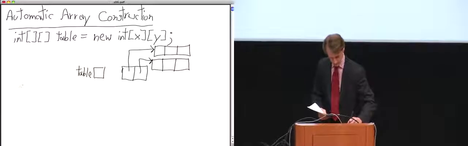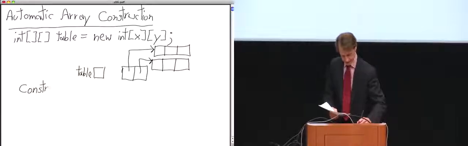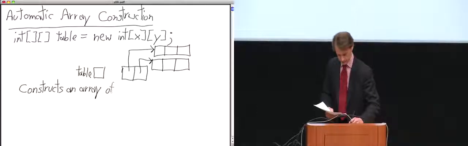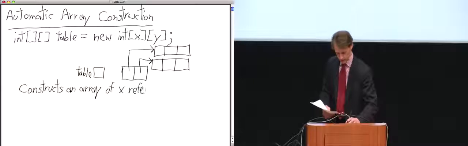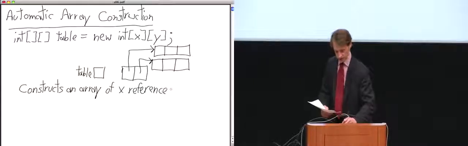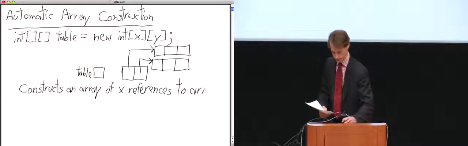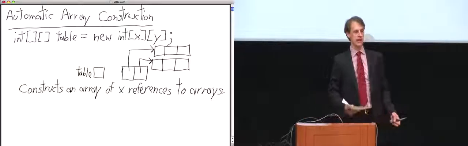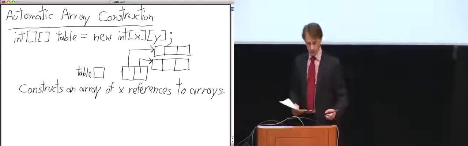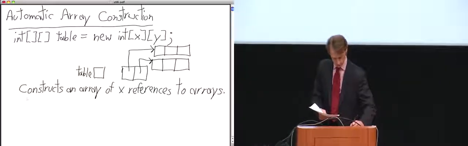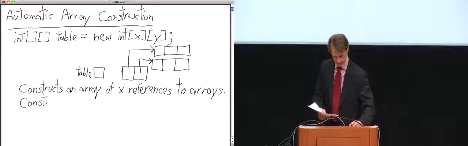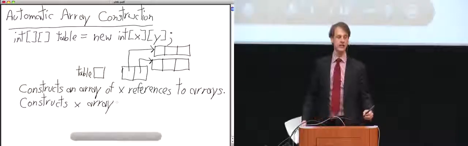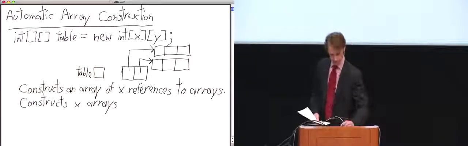Again, this does several things. It constructs an array of x references. And those references can only point to arrays of ints. And then when it's done that, it fills in that array with references that are created by constructing a whole bunch of arrays of ints, x of them. And each of those arrays contains y ints.